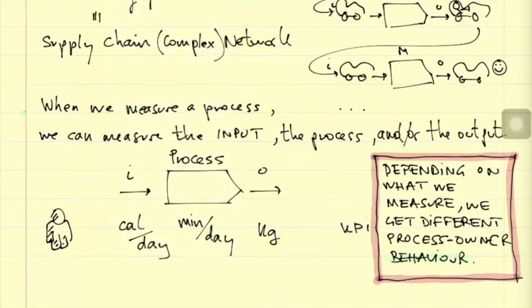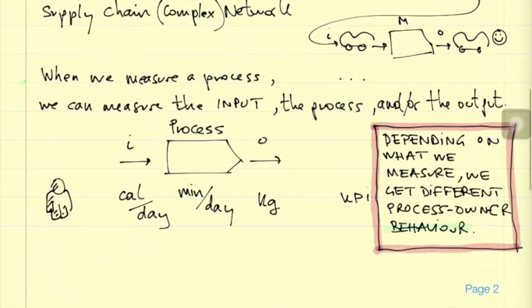And this is what we want. We want to have the correct behavior. Because if we measure the calories per day, the behavior is going to be to start a diet. If we measure the minutes of sport we do every day, we're going to get a behavior of going to the gym.